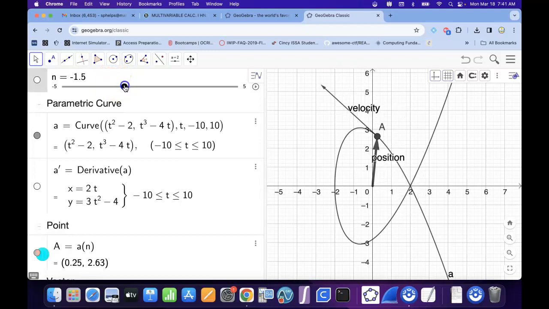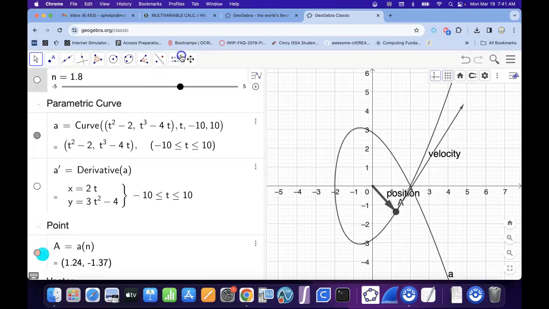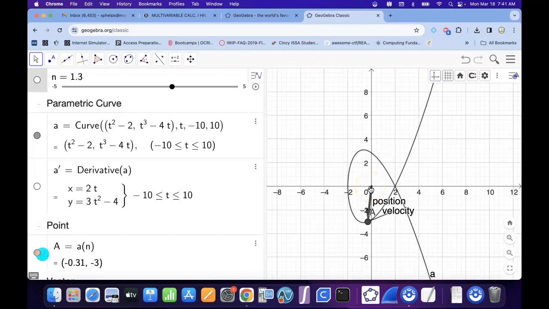So the velocity kind of gives me the direction, and then it's starting to slowly turn. And it looks like it's speeding up, and then it's slowing down again, and then it's speeding up because the velocity vector is getting longer. So the longer the velocity vector is, the faster the particle is moving. So it looks pretty short right in there when it's taking that turn.